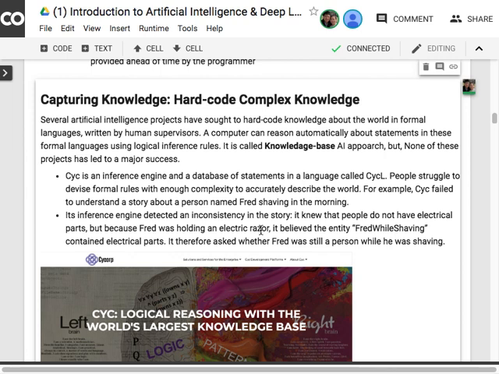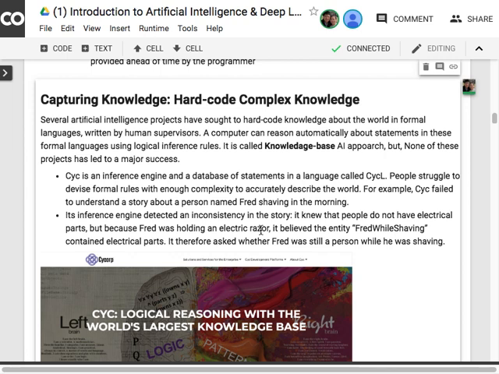The best example of this is Cyc. The Cyc engine is an inference engine with a database of statements written in the CycL language.